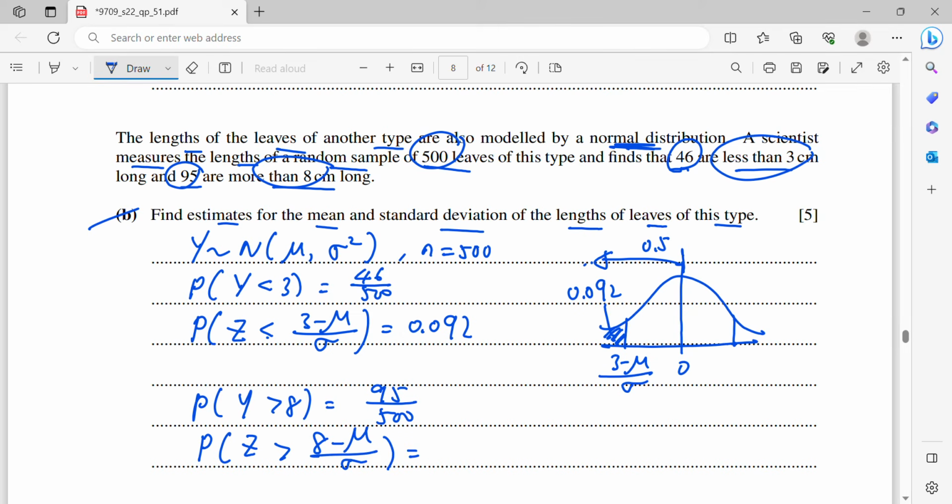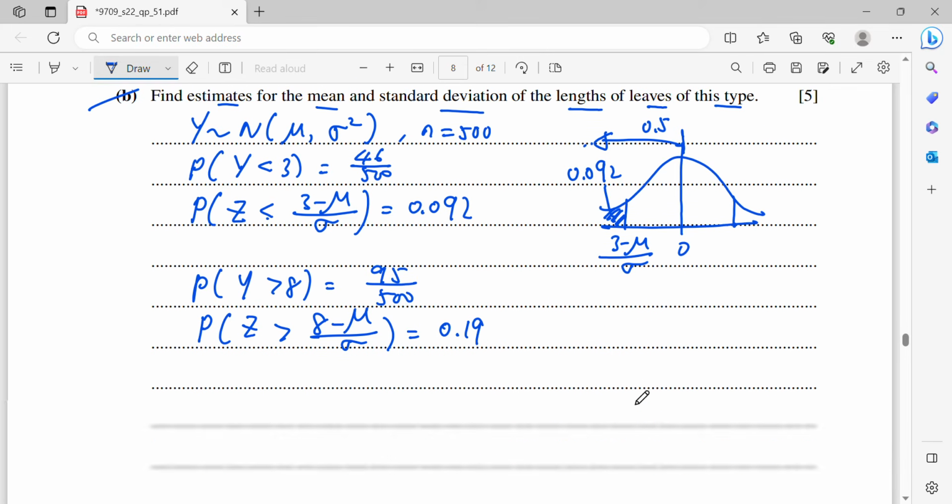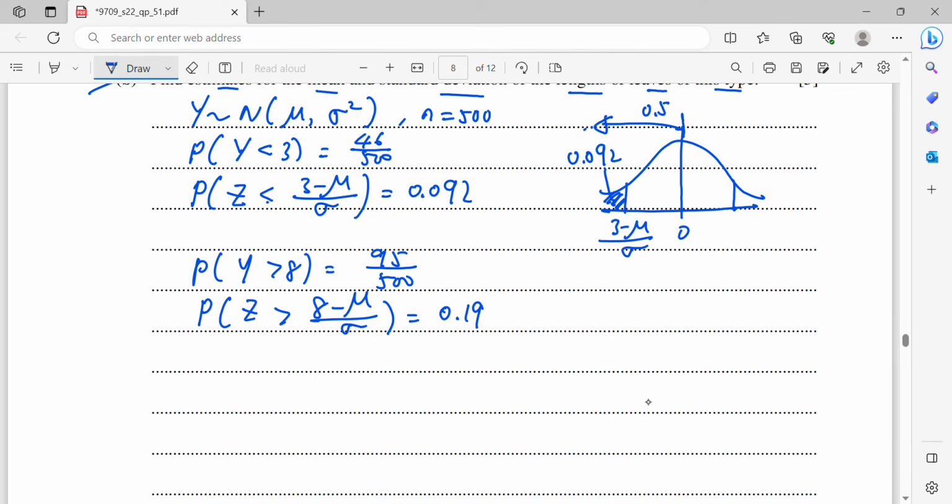Again, 95 over 500, let me count the value first. It will be 0.19.